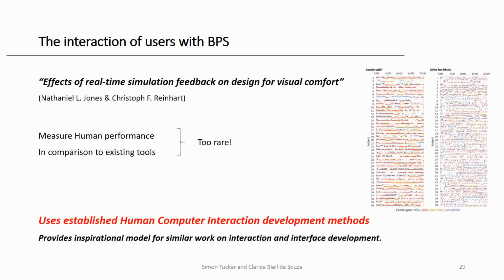This is a great thing to do and is part of human-computer interaction development as understood in the wider world. It's all too rare in BPS, one suspects. But anyway, this paper does that, and it therefore is an inspirational model really for anyone who's doing similar work on interaction and interface development.